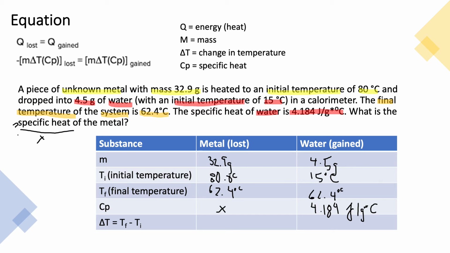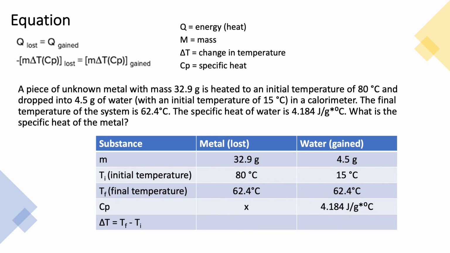Before we do that, I'm going to clean our board so it looks a little bit nicer. And now we're going to talk about that delta T. So delta T, you'll see we always solve this by taking our final temperature, which looks like T of F, minus our initial temperature, which is T of I. So final minus initial temperature, which again, we have set up on our data table here.